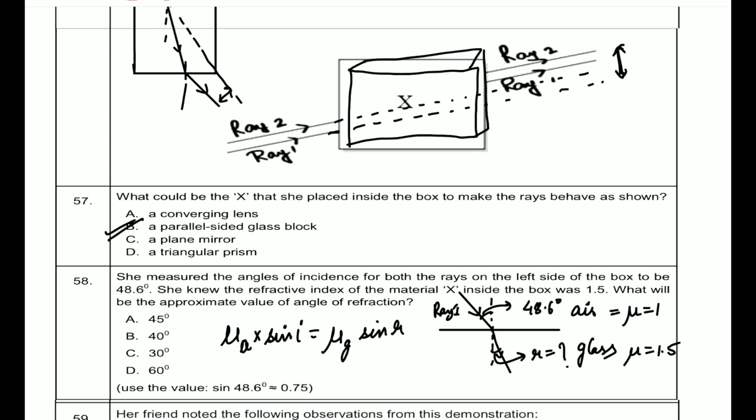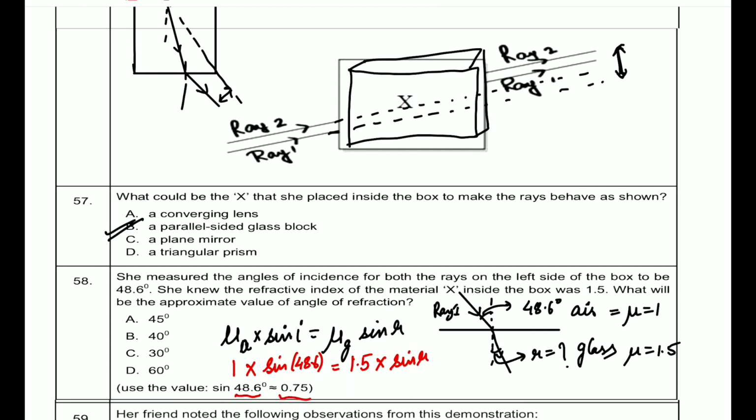I hope you guys can understand that. So mu of air is 1, multiplied by sine of 48.6, which is given to me, equals mu of glass, 1.5, multiplied by sine of angle R. Now this is something which I'm supposed to find out, right?